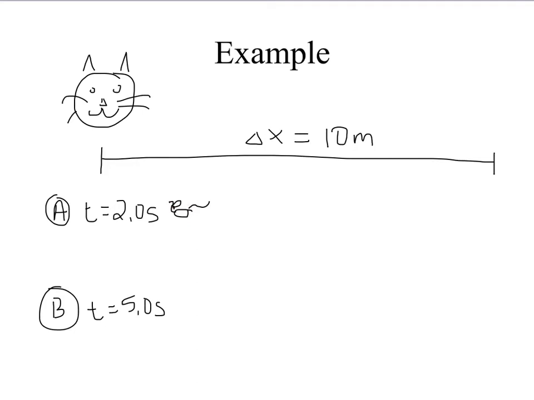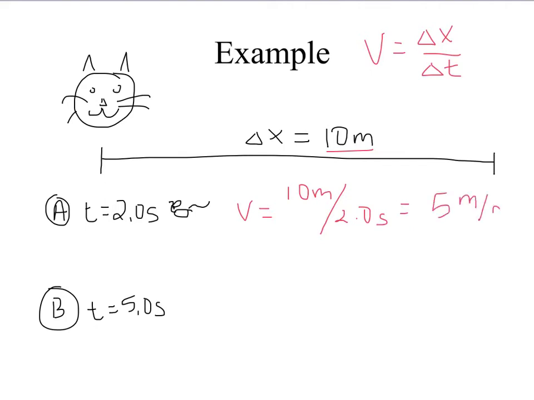When we calculate that, we have our equation: V equals delta x divided by delta t. Plugging in our numbers, delta x is 10 meters divided by our time of 2 seconds. So the velocity is 5 meters per second.